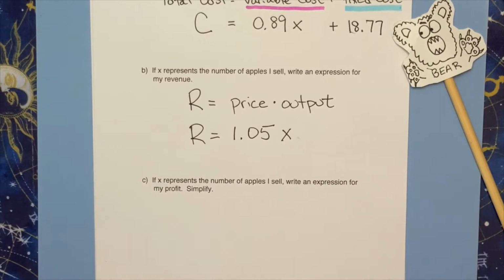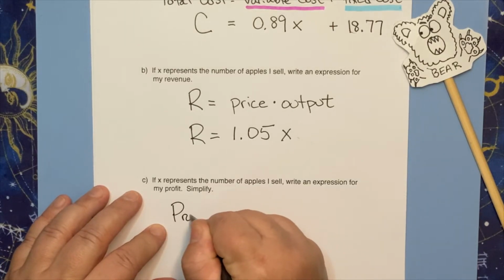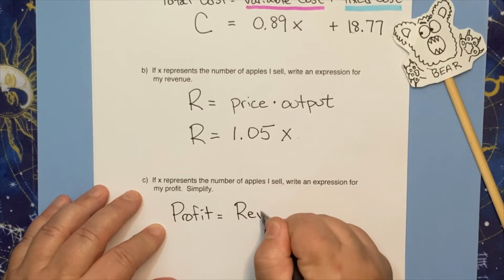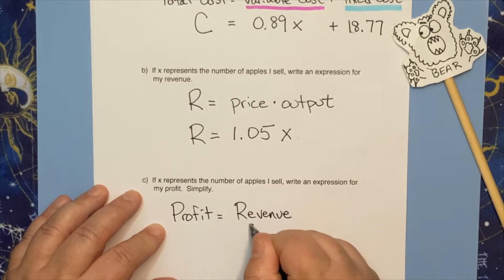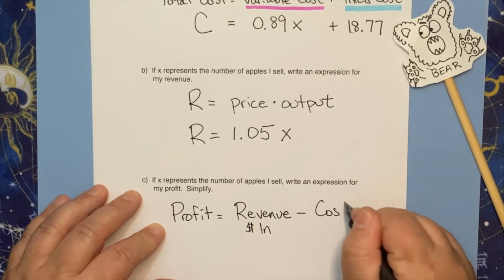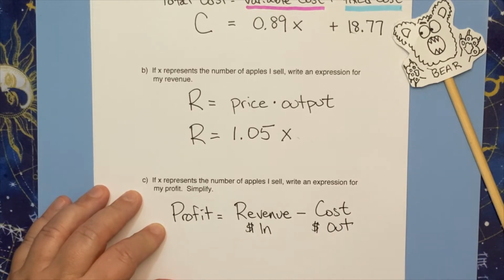If x represents the number of apples I sell, so same setup, write an expression for my profit. So the trick about profit is to remember that profit is revenue, which is the money that comes in, minus cost, which is the money that goes out, right?